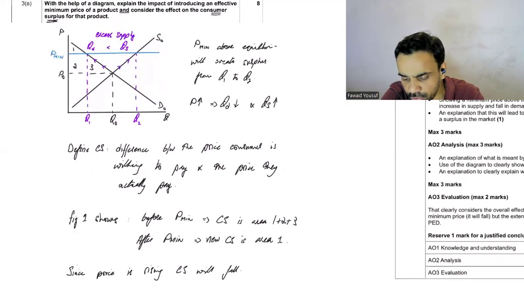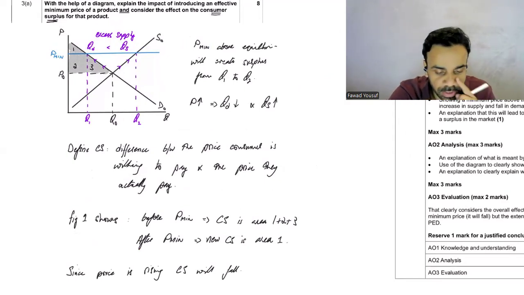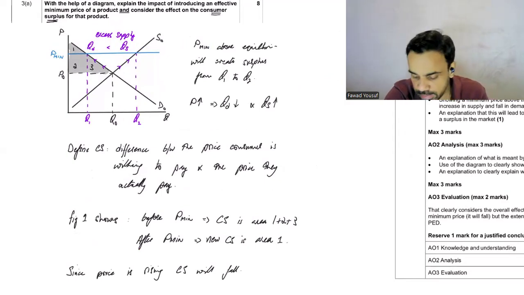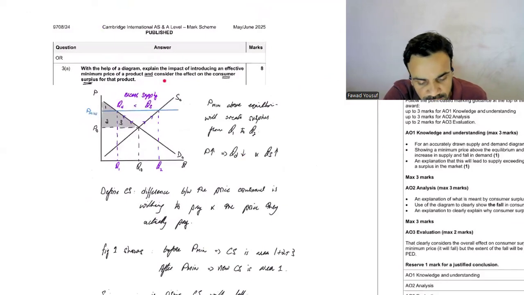I have seen questions जिसके अंदर even though second part के अंदर question के अंदर they haven't said, like for example in this particular question also, they're saying in the question that, you know, consider the effect on the consumer surplus for the product. They're not saying using a diagram show or something.